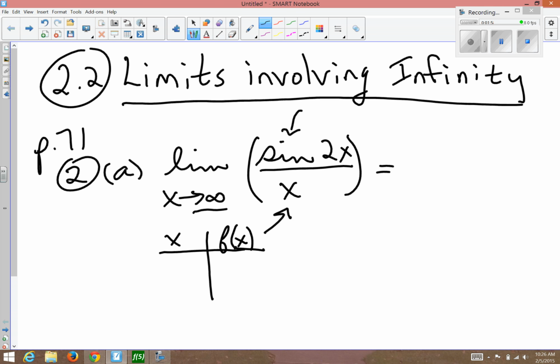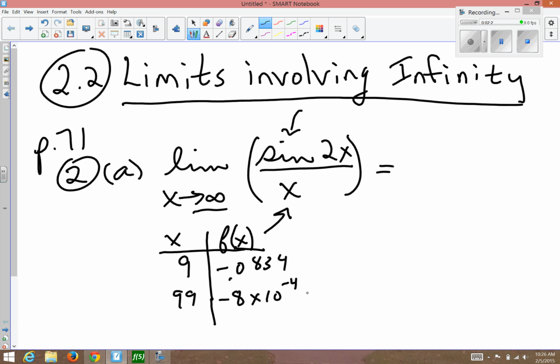If x is a big number like 9, sine of 2 times 9 divided by 9, make sure you're in radians, is negative 0.0834. If x is even larger, like 99, f of x is negative 8 times 10 to the negative 4th power. I got this on the calculator.